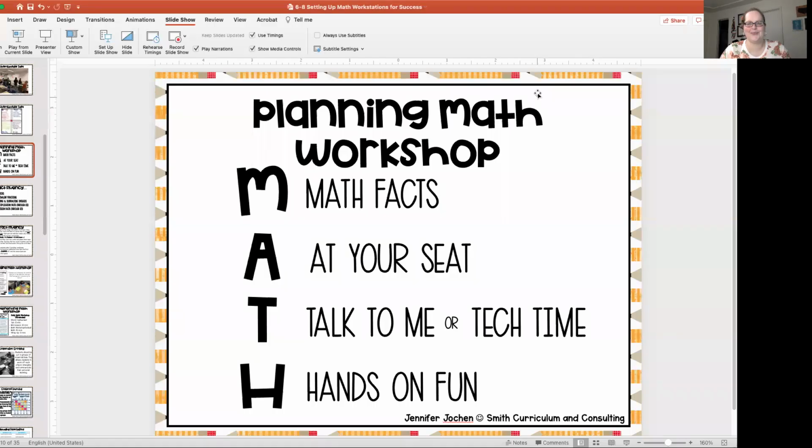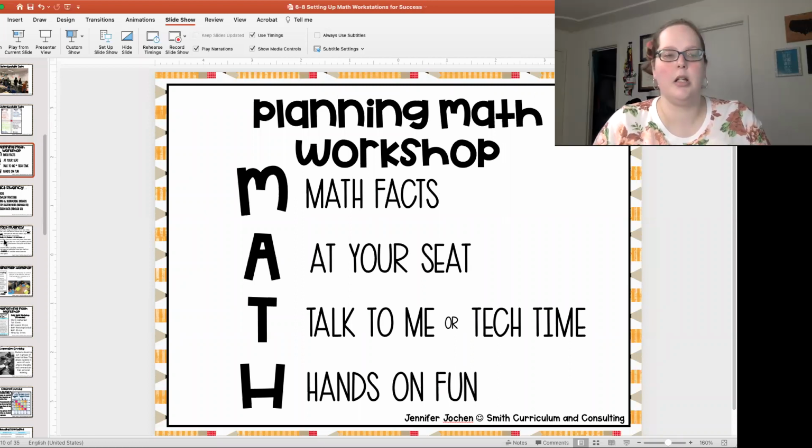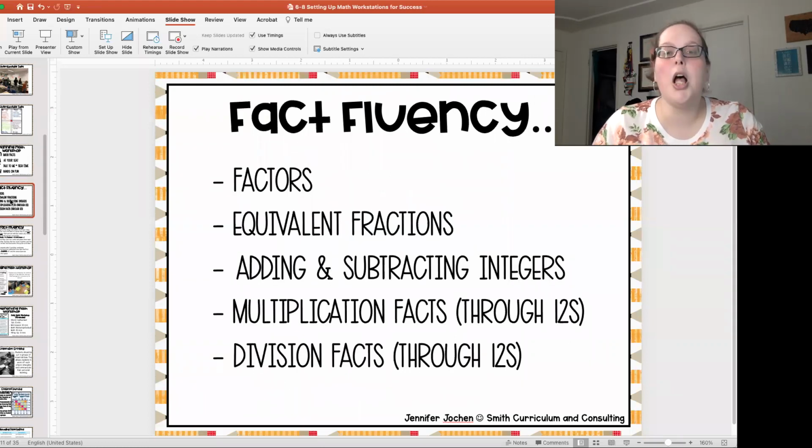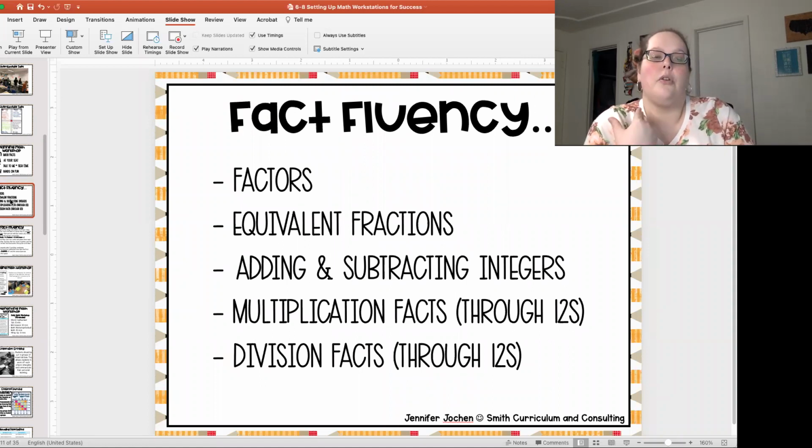So let me go back to screen sharing. So when I talk about fact fluency, I focused on fact fluency in my classroom. And fact fluency, many people are thinking, oh, that's multiplication facts, that's division facts, addition, subtraction facts.